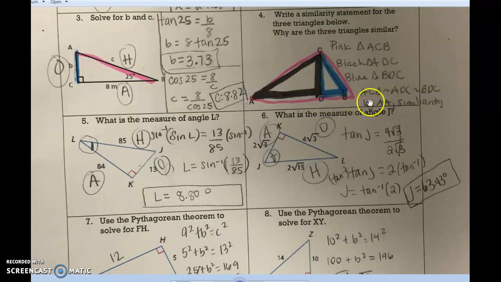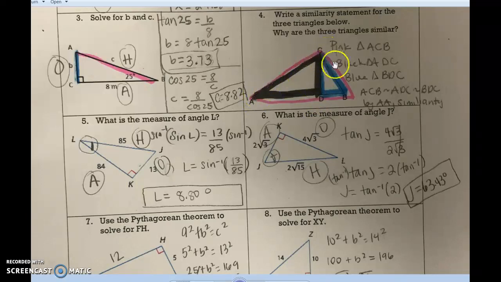Remember, when you're setting up your triangles, position matters in reference to your angles. So if I have A, C, B, it is similar to my triangle A, D, C, because they both share the right angle.